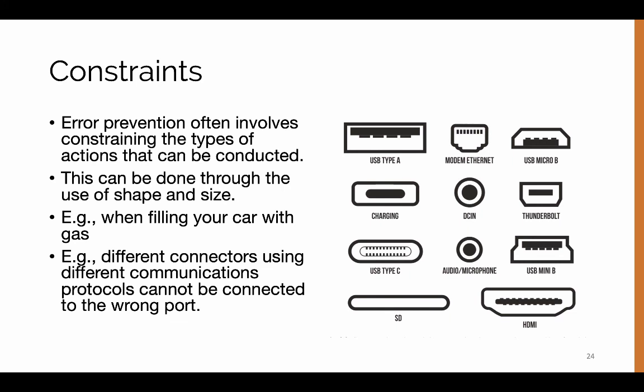If we don't want to plug the wrong thing into the wrong receptacle, we can shape code them so that it's impossible for that to happen. You can see that with all the different kinds of things here. You're not going to plug your DC into the USB type A because that just is silly. Those things look like they don't go together at all and would probably feel that way too.